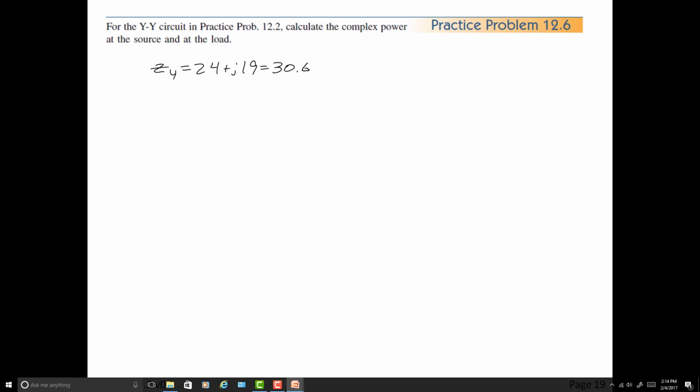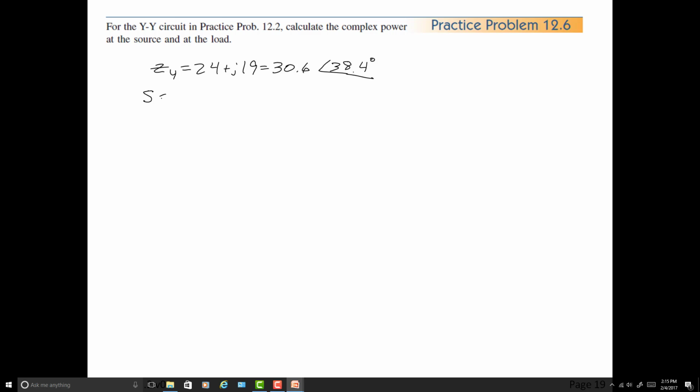And I'm just going to tell you this is 30.6 at 38.4. Okay, and the power to the load. Now remember, we can look at apparent power, and then we'll break that up into real power, complex power with that, right?